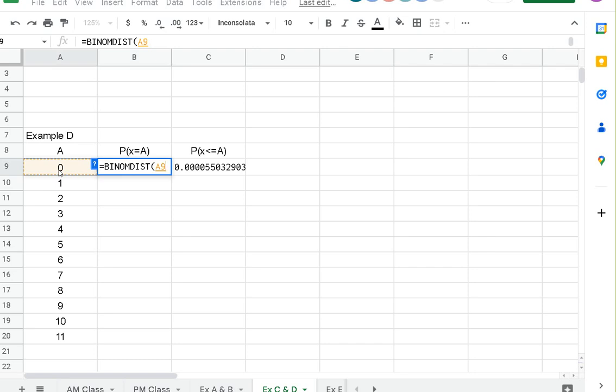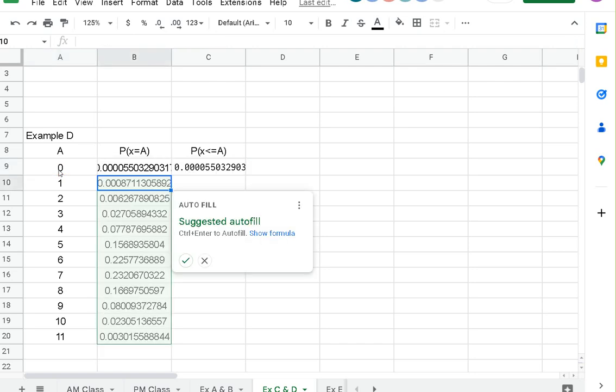Nicely done. Select the cell, and then 11 is our fixed number of trials. Probability of success is 0.59. And then we're going to stick with false. So that's how your command should look for that first cell.